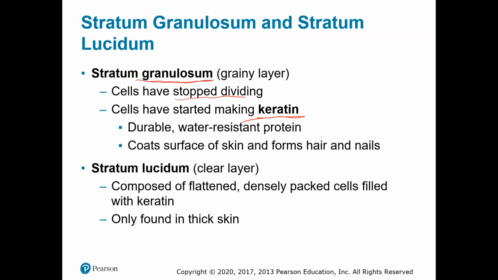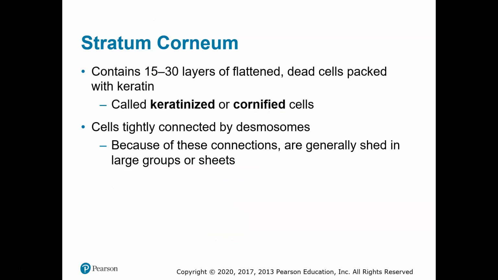And if this is thick skin, as you go toward the surface, you will then have the stratum lucidum, which is called lucidum because the layer is clear. It is composed of flattened, densely packed cells filled with keratin.